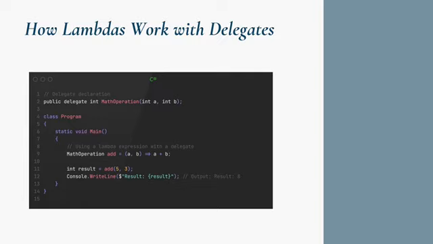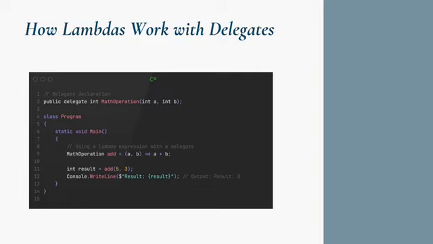Instead of writing a separate method, we can use inline functions. This makes our code cleaner and more efficient. And lambdas work perfectly with delegates because they allow us to pass behavior as a parameter in a concise way, and they are widely used in LINQ, event handling, and functional programming in C#.